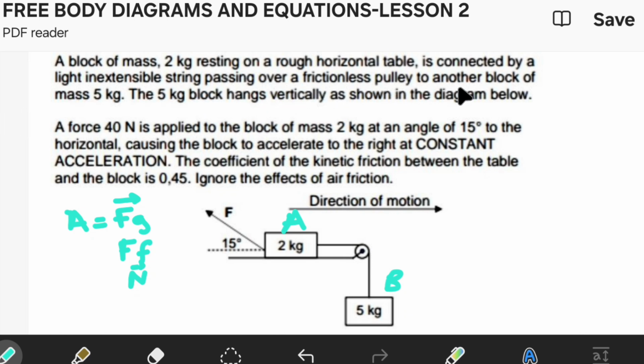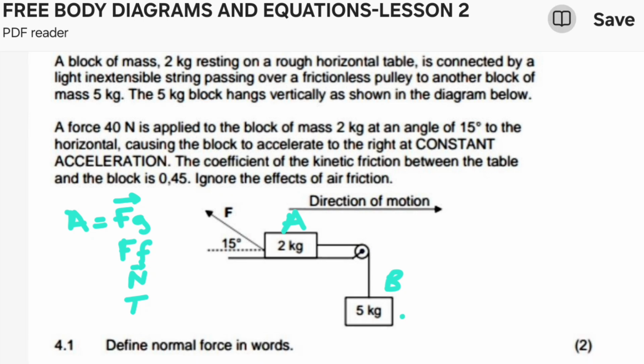It is connected by a light inextensible string. So already we know that it is connected by a string, so definitely there will be tension there. And then it's connected to another block of mass 5 kg. So this is the other block of mass 5 kg, so let's see what is important on that block.